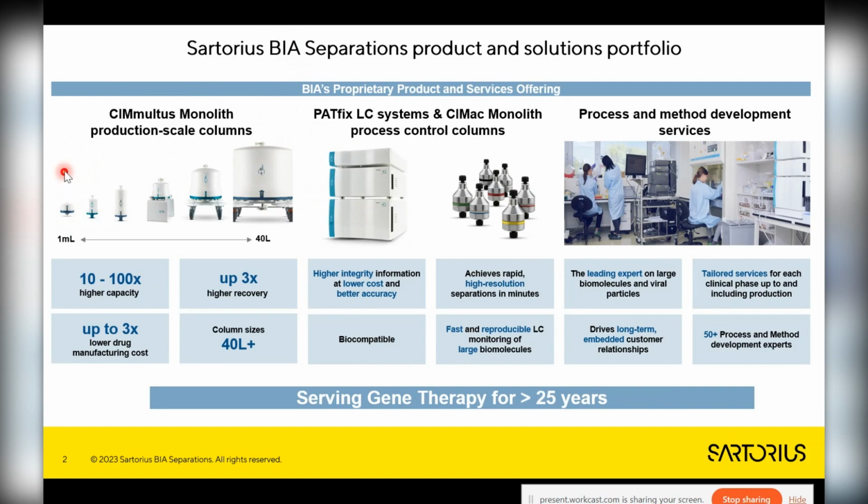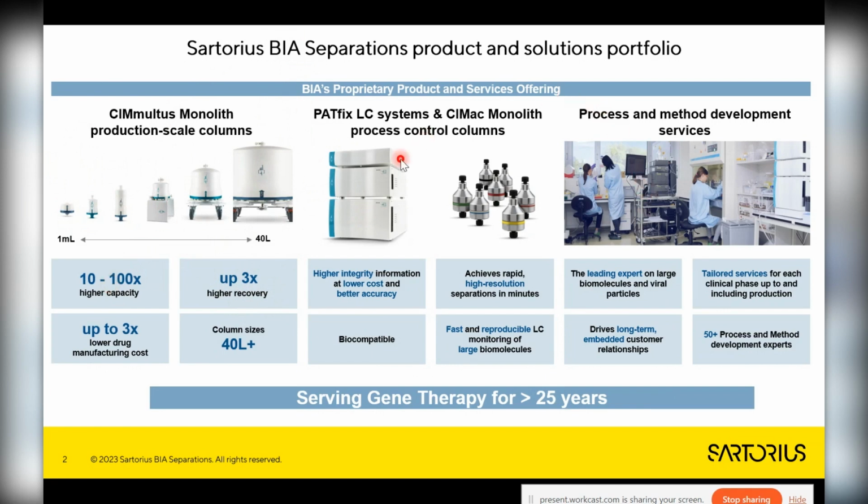So starting with 96 well plates up to the 40 liter, it will always be the same polymer. Such chromatography columns allow you to improve your recoveries. With AAV, not that much, but if you are dealing with measles virus, you can for sure get at least 3 times higher recovery, better capacity, as I mentioned, and this really lowers your manufacturing cost.